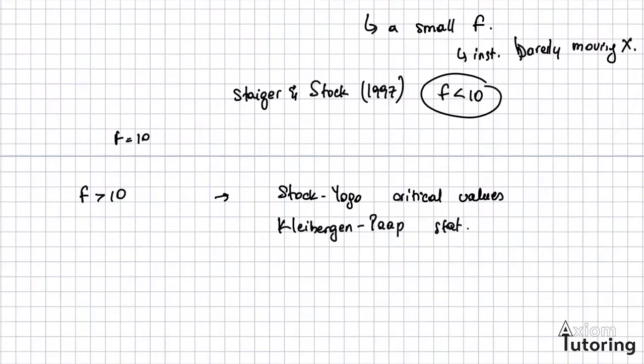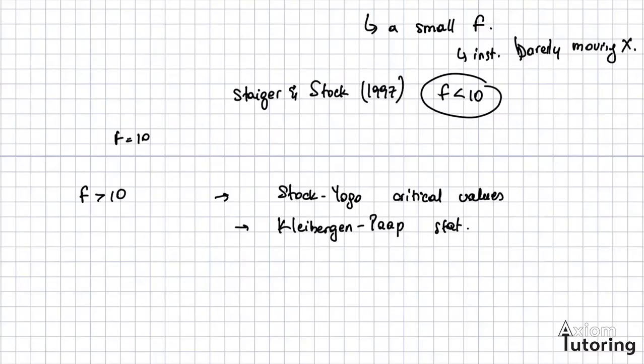You can use the Stock-Yogo critical values because these provide F statistic thresholds that depend on the number of instruments and the acceptable level of bias or size distortion. Or you can use the Kleibergen-Paap test statistic when errors are non-spherical, meaning you've got heteroscedasticity or clustered errors, okay? So it is more robust than the standard F statistic in those settings.